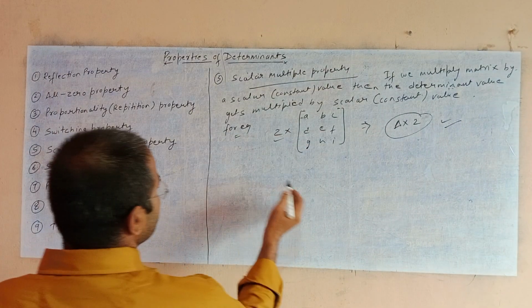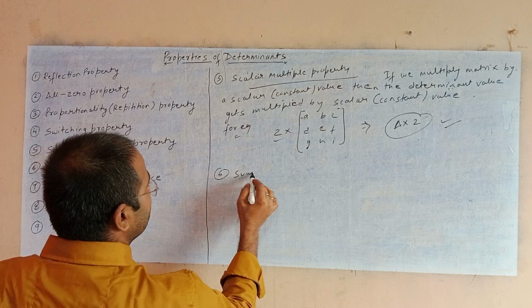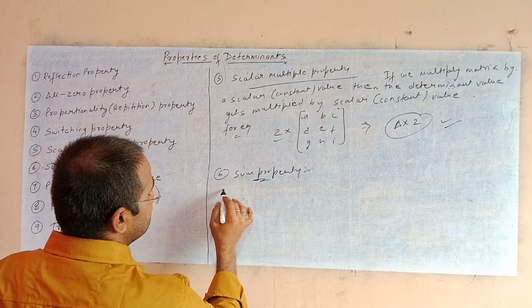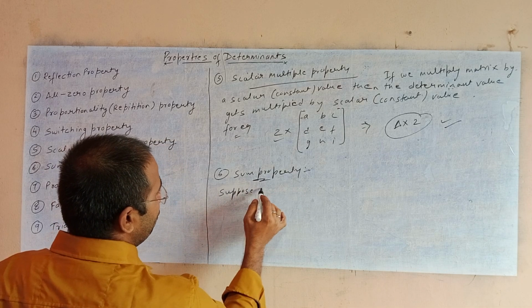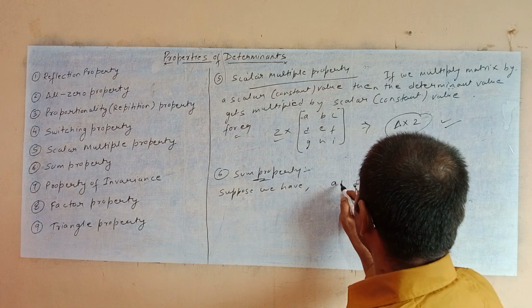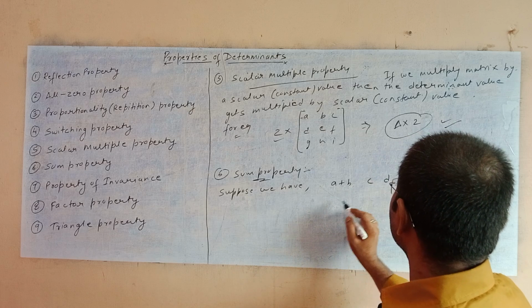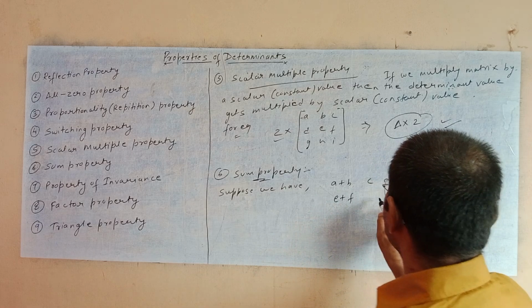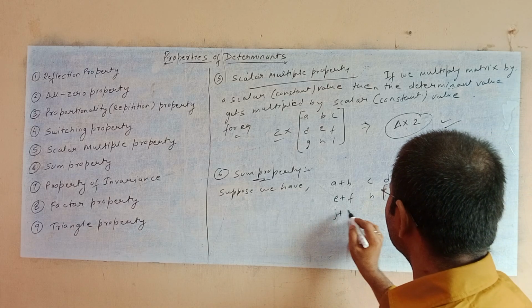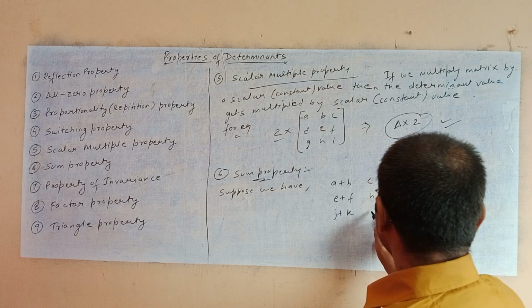So sixth one, sum property. Sum property means suppose we have a matrix with entries a plus b, c, d, e plus f, h, i, j plus k, l, m.